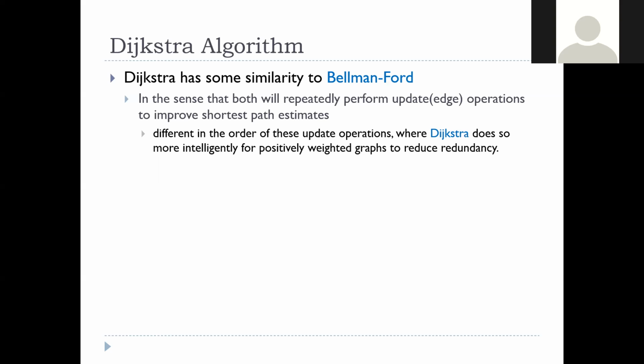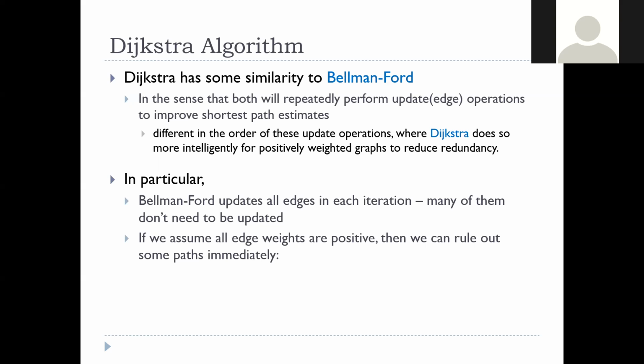In particular, if you remember, how does the Bellman-Ford algorithm work? Well, it's going to run in V iterations. In each of the V iterations, it simply performs updates for all the E edges in your graph, so you do this E times.